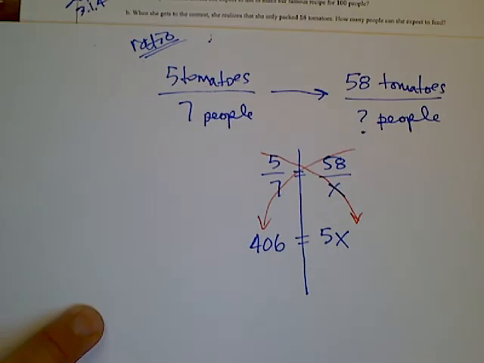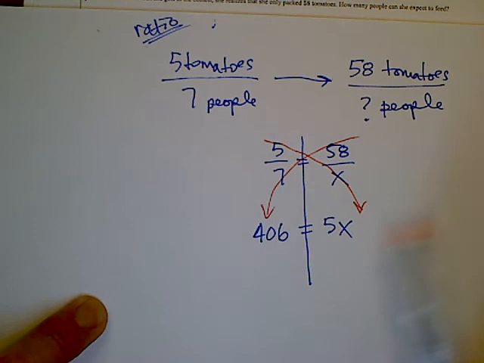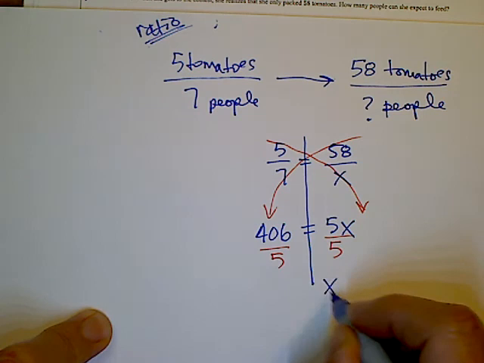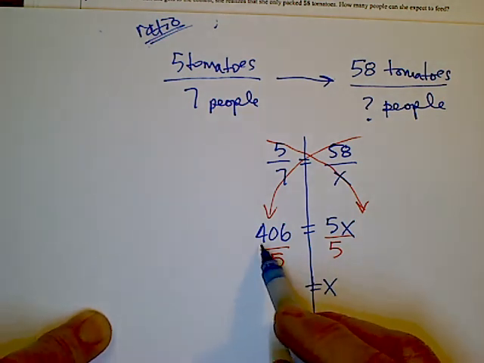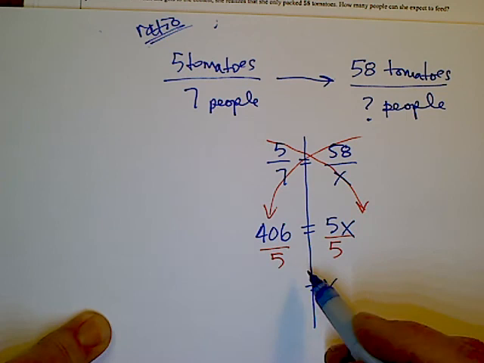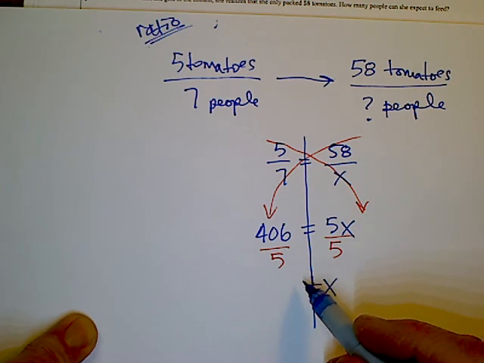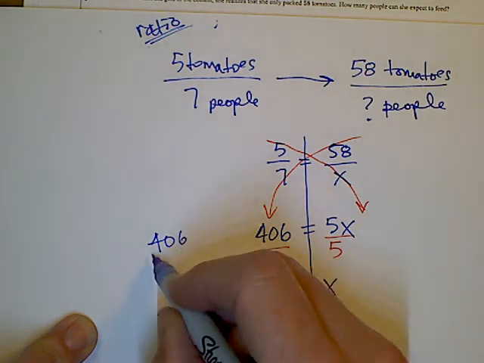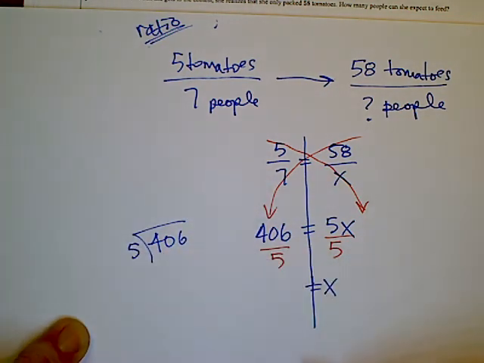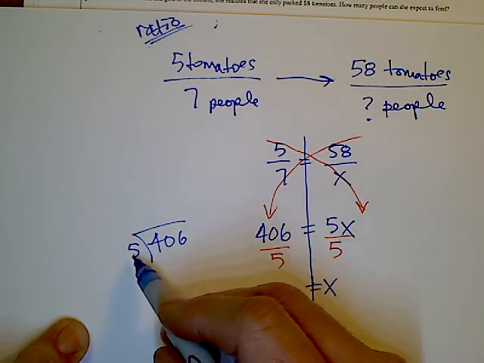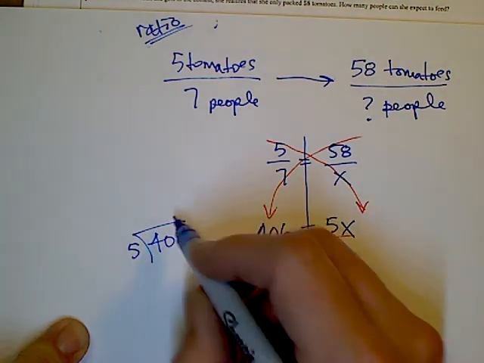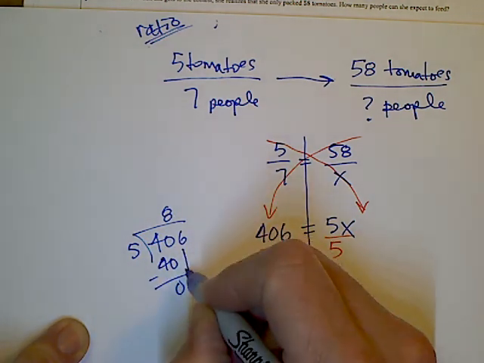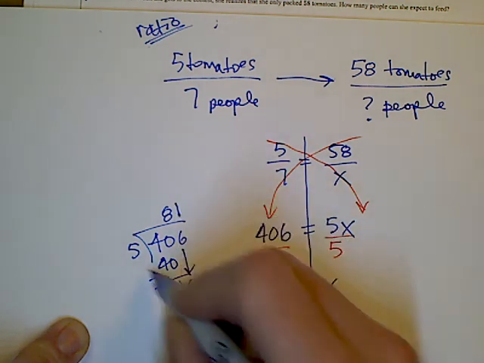Okay, and then from there, we're looking to get x by itself. So I'll divide out the coefficient to get x alone. So x equals 406 over 5. In this case, I'm going to divide this one as a fraction. I want to show you that as well. If you're going to put it in a mixed number format, you do the same thing, do the division to figure out how many wholes it goes in. So 5 goes into 40 eight times, multiply, I get 40, subtract 0, bring down the 6. 5 goes into 6 once, multiply, I get 5.